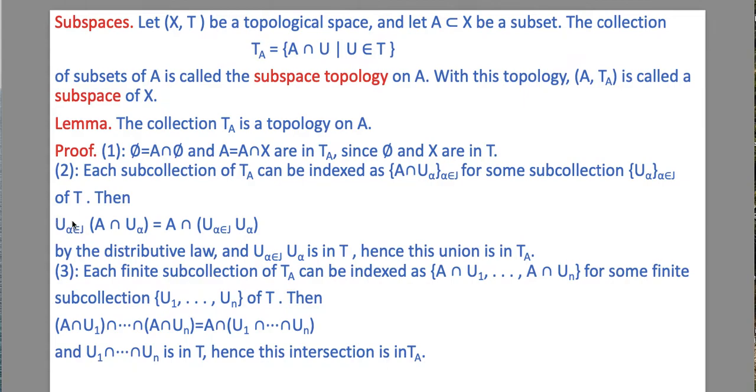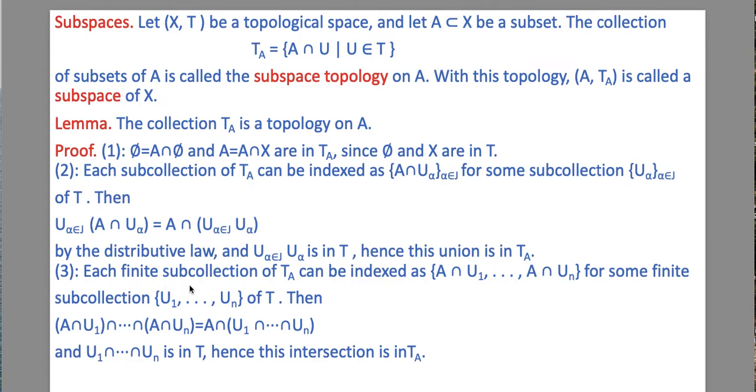This union of U alpha is in T. Because this is in T, this whole element is in TA. It means this union is in TA.